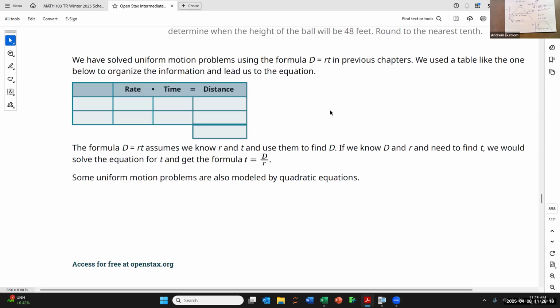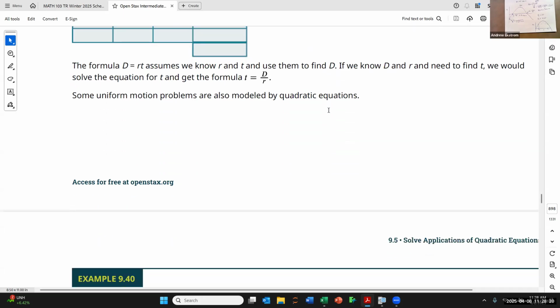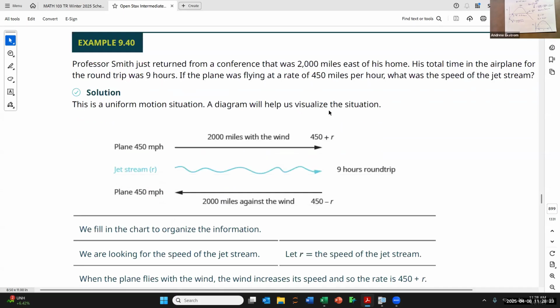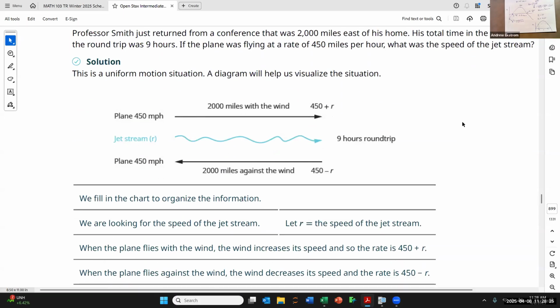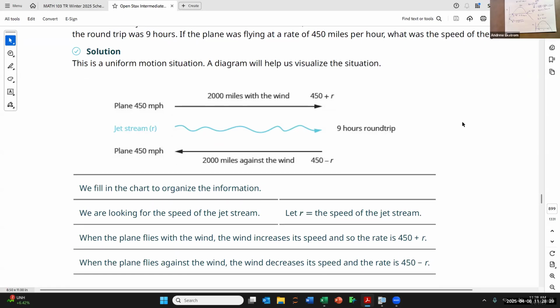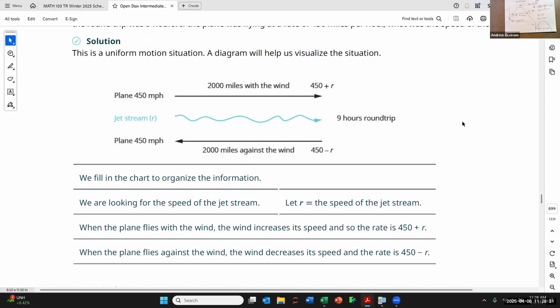That's literally this whole thing right here. I think we've done a couple different problems like this, right? Boat travels upstream, boat travels downstream.